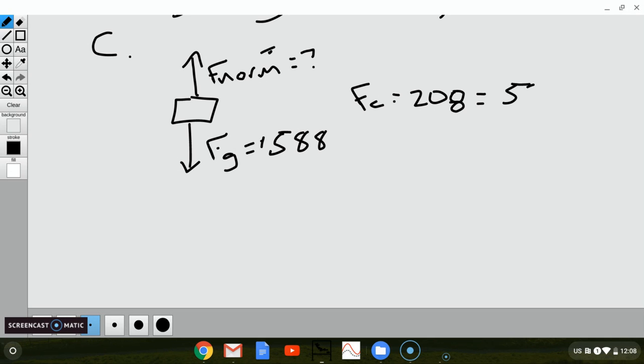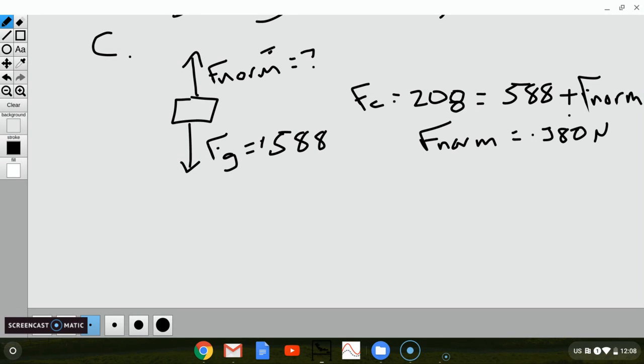So we get 588 plus the normal force. We solve for the normal force, and we get negative 380 newtons. And for all you sig fig sticklers, there's the bar. So negative 380 newtons, that's our normal force at the top.